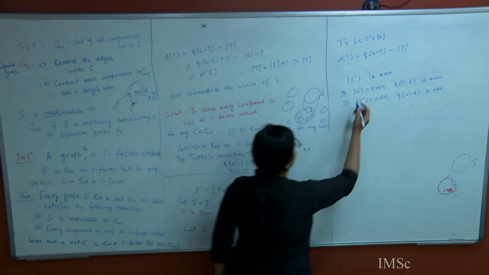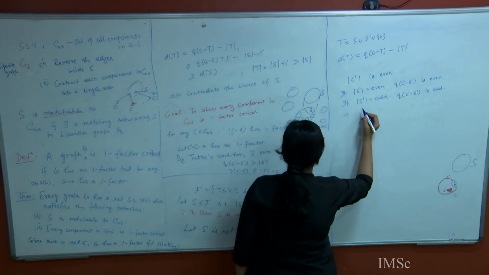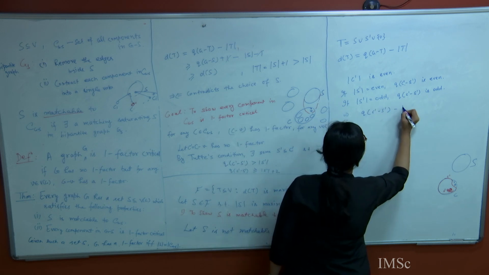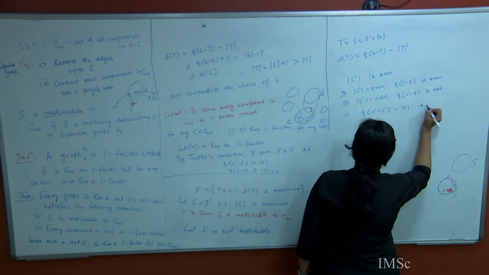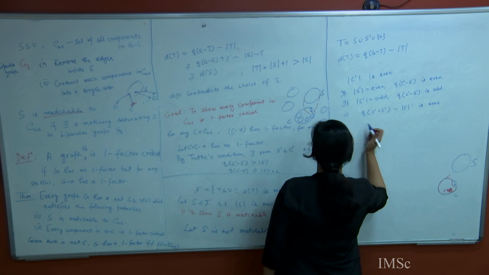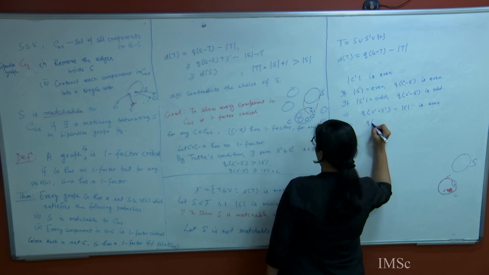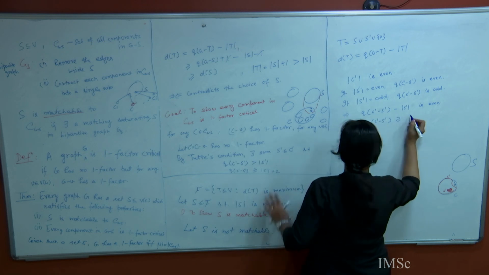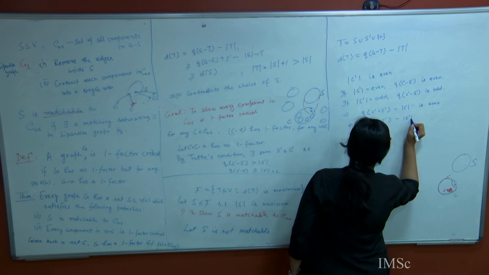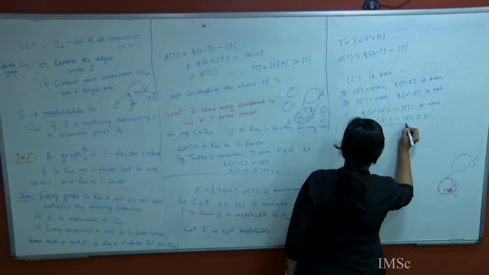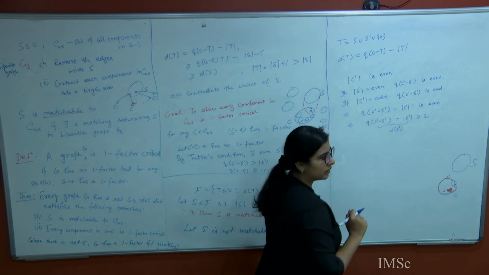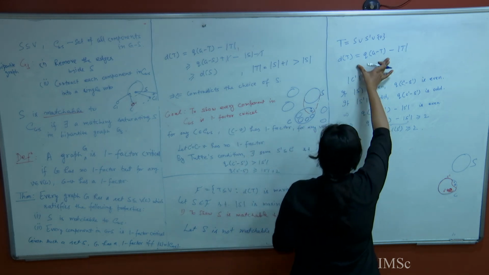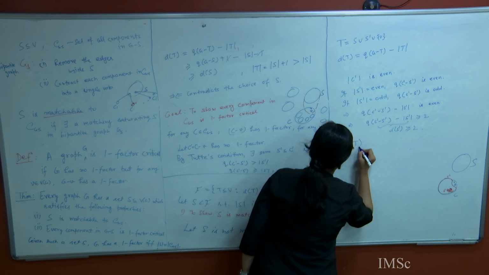This implies that the difference between these two is even, and so Q of C prime minus S prime is at least S prime plus 2, or I can write Q of C prime minus S prime minus S prime is at least 2, and this is d of S prime, right? So, d of S prime is at least 2. This I proved. Okay, let us go back to the measure of T.